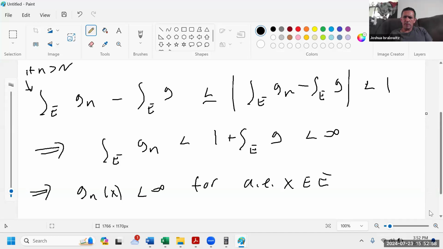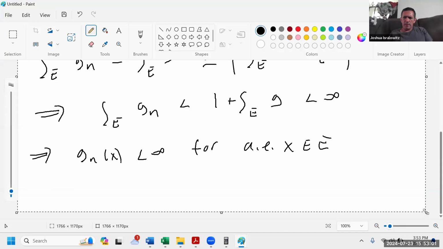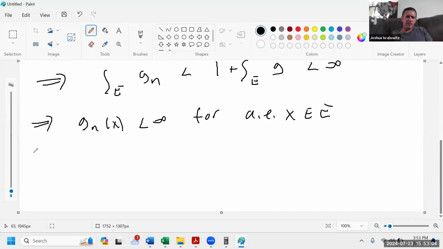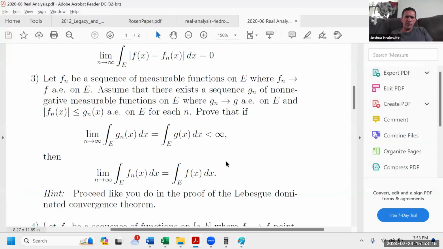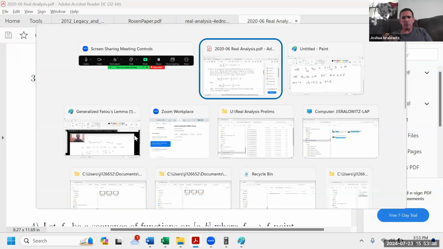And it says the same thing about f of x, because the problem assumes this is true almost everywhere on E. So if property A is true almost everywhere and property B is true almost everywhere, then A and B are true almost everywhere, just because the union of two sets of measure 0 has measure 0.